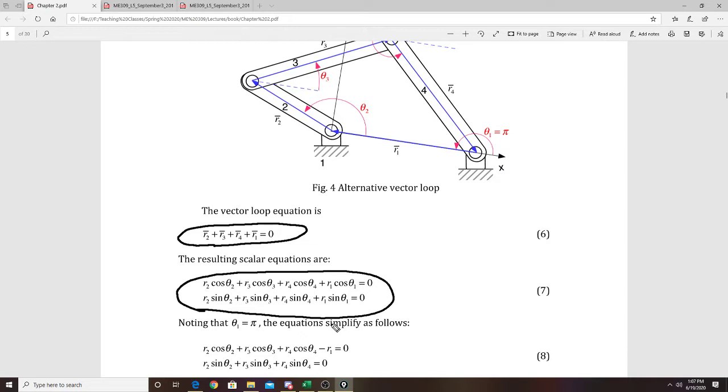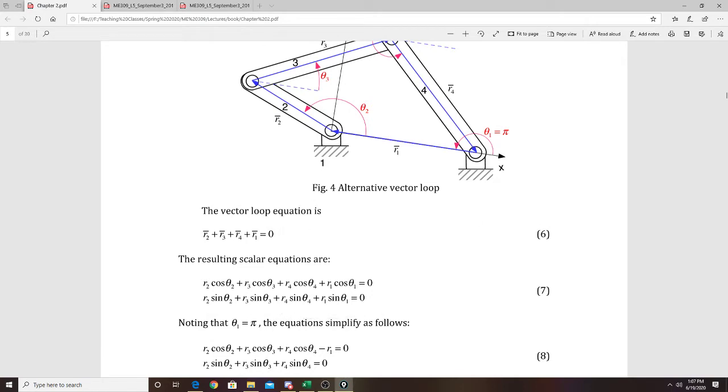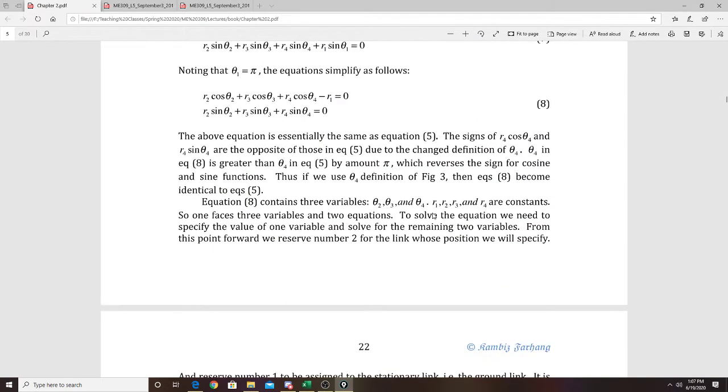And that is written here in the text somewhere. I'll find that exact passage so you guys can read it. It says the above equation is essentially the same as equation 5, which was the first version. The signs of R4 cosine theta 4 and R4 sine theta 4 are the opposite of those in equation 5 due to the changed definition of theta 4.